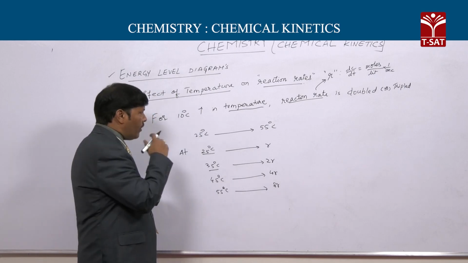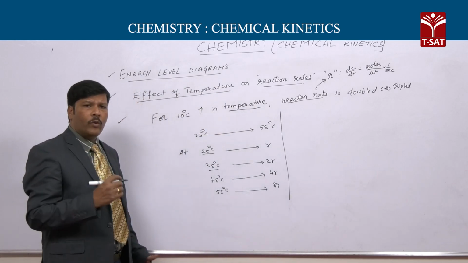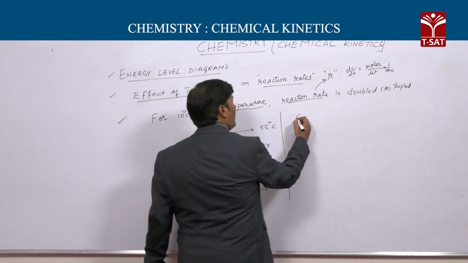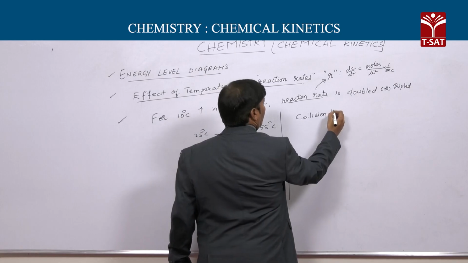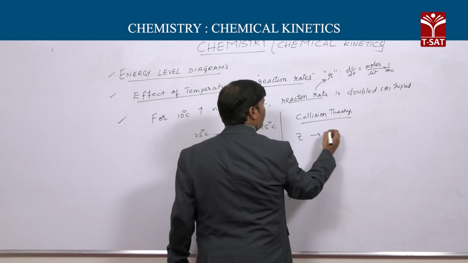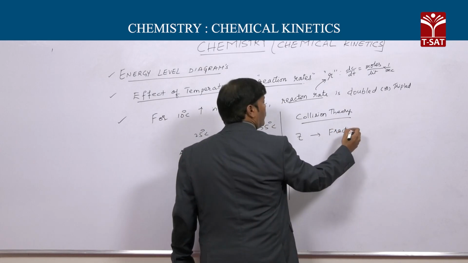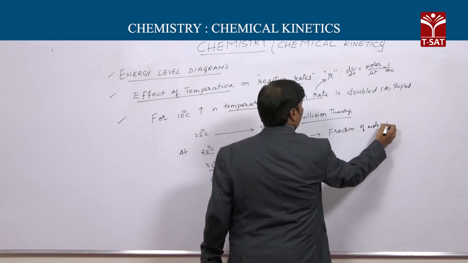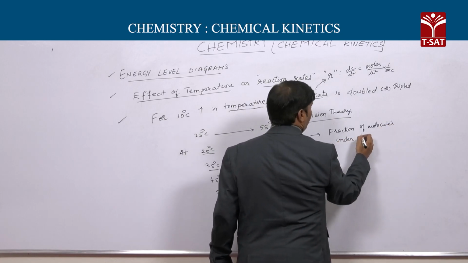However, what we need to understand here is the effect of temperature. As we have already discussed the collision theory, let me highlight all the important terms which are useful for us. In the collision theory, Z stands for the fraction of molecules undergoing collisions.